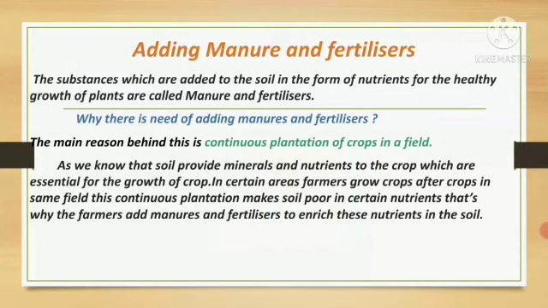Now we will study what continuous plantation is and how it affects the soil. As we know, soil provides minerals and nutrients to the crop which are essential for the growth of the crop. In certain areas farmers grow crop after crop in the same field. This continuous plantation makes the soil poor in certain nutrients. Many times in some areas farmers grow one crop after another in the fields, due to which the fertility of the soil decreases.